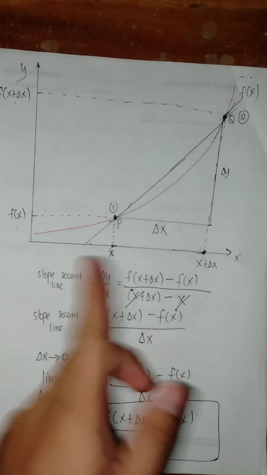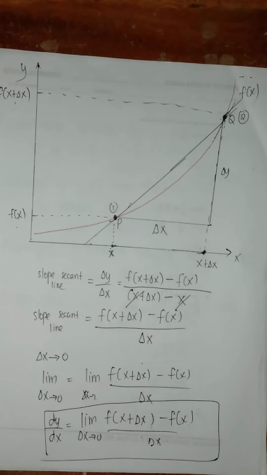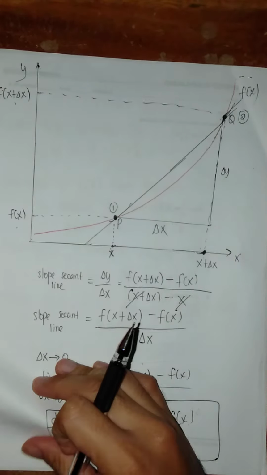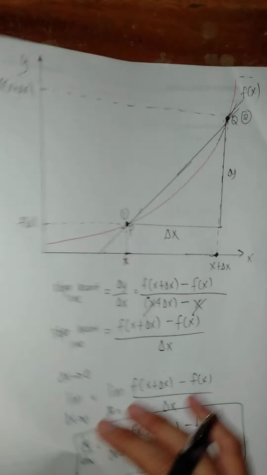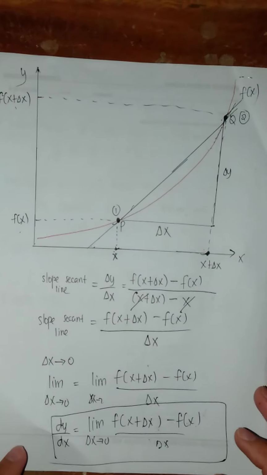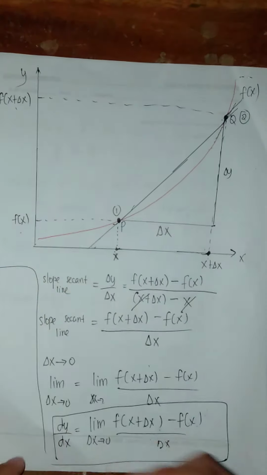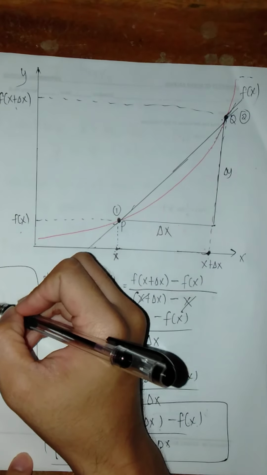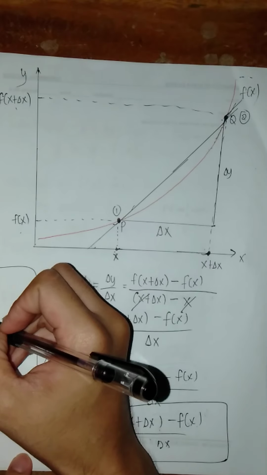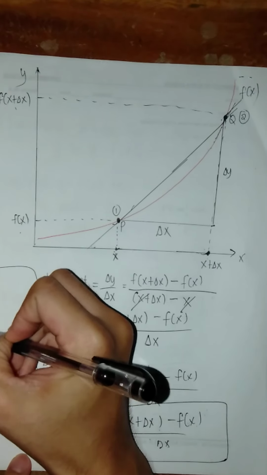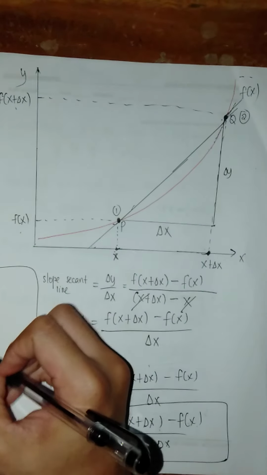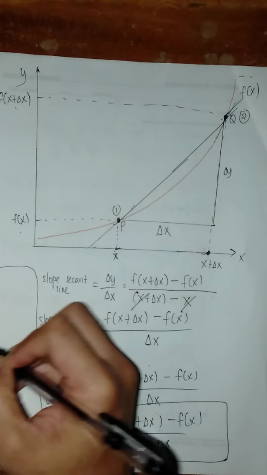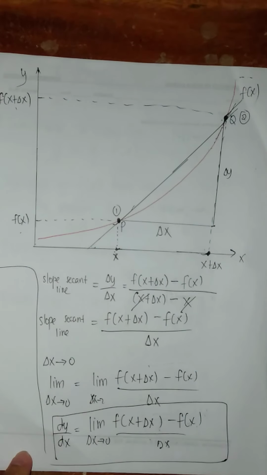Okay? So what are the notations of derivatives? What are the commonly used notations? Usually, the ones used are these: y prime, f prime of x, or dy over dx, or the derivative of y with respect to x.